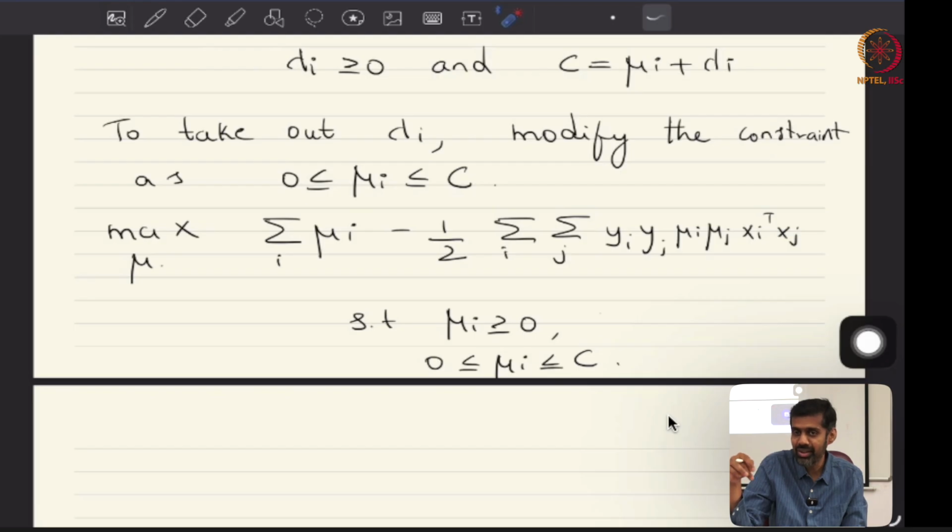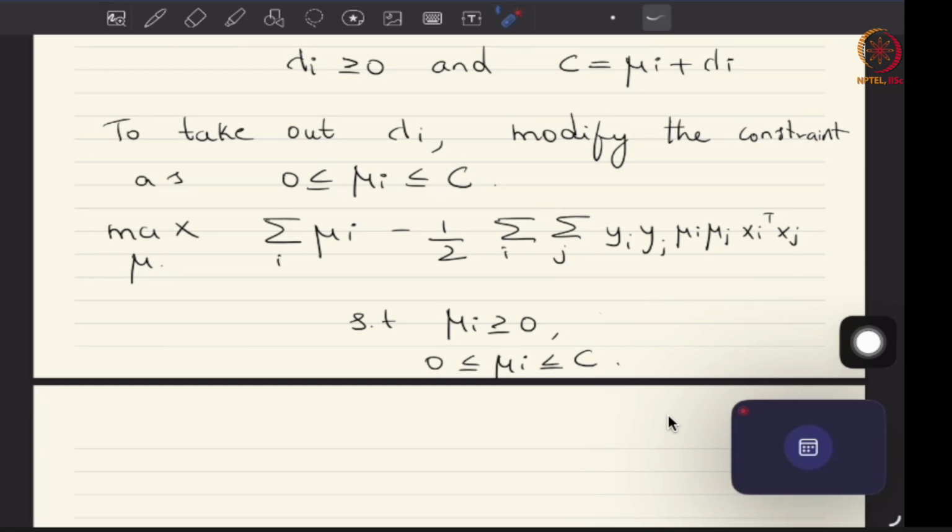We will not get to know that at all, because finally when you solve this, what you will get is a mu, and then a W and a B. With a W and a B, there is no access to xi at all. You can control xi only through the C. We will not know what the slacks are when we solve the problem. It's very elegant that way.